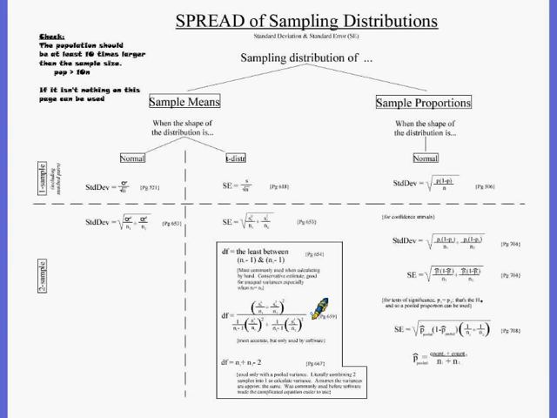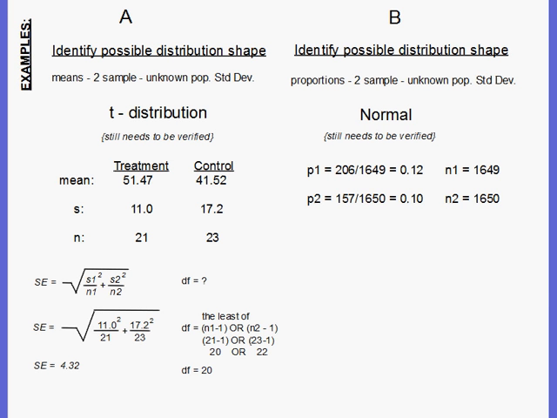We could plug this through a calculator by hand also, but it's kind of a pain in the neck, and this one is considered conservative and good enough. So this is the one you're typically going to use most often, unless you're using a computer program. So here we have the least of these two, and so of course our degrees of freedom is 20.